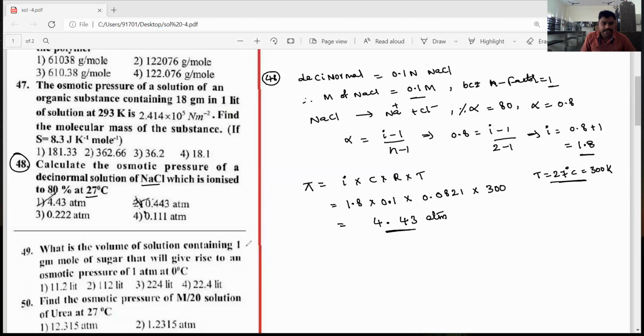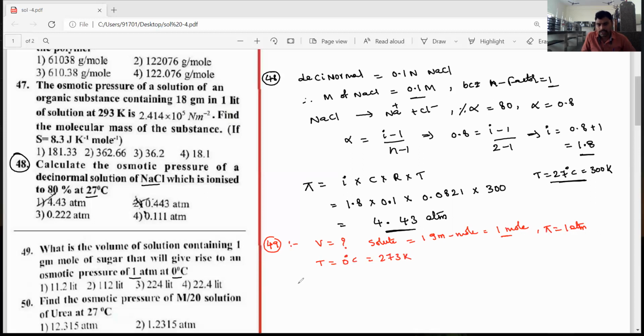What is the volume of the solution that contains 1 gram mole, which is nothing but 1 mole of solute, when it gives rise to an osmotic pressure of 1 atmosphere at a temperature of 0 degrees Celsius? Under these conditions we need to find the volume of the solution, where the solute is 1 gram mole, that is 1 mole of sugar, the osmotic pressure is 1 atmosphere and the temperature is 0 degrees Celsius, which is 273 kelvins.